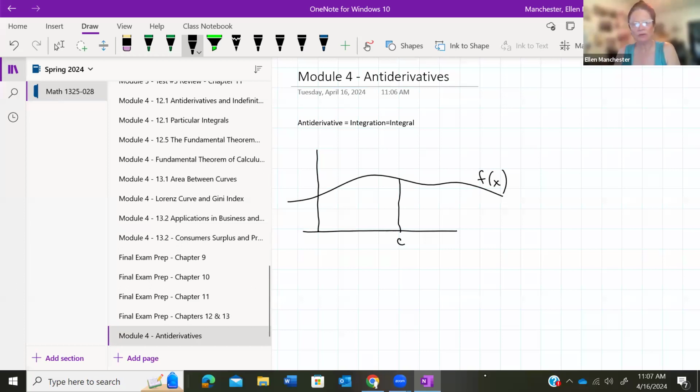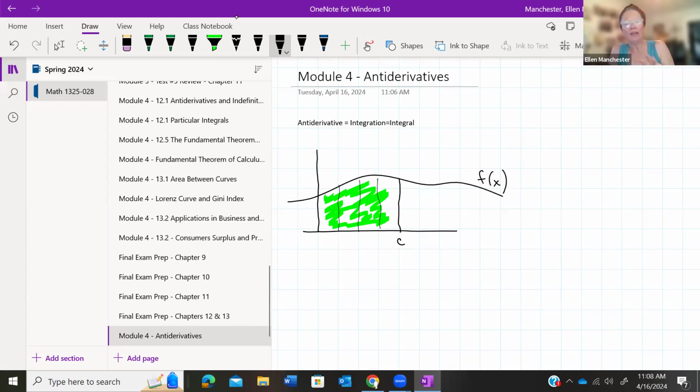We don't know what it is, we're just going to stop at that. And I want to know how much area I have underneath. So I want to know all of this area. That's what we're finding with antiderivative. We're finding the area under the curve. So in this case, it's between the curve, f of x, and the x-axis. So we're looking for all of that area under the curve.